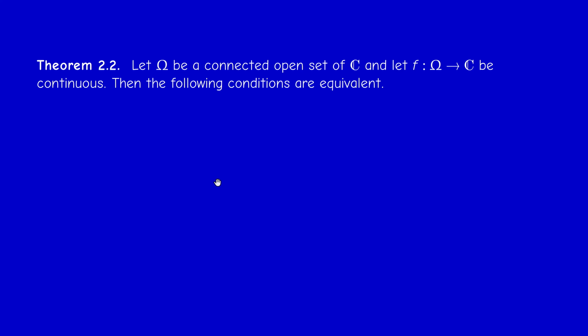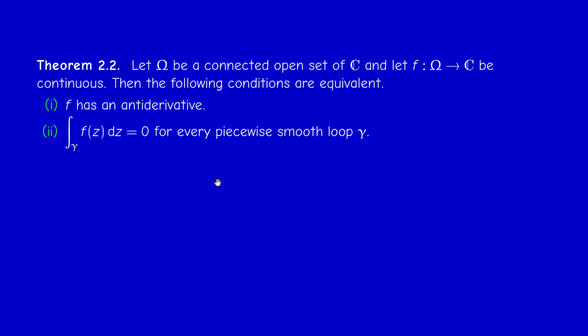Okay, so there is equivalence between three conditions. F has an antiderivative, which is a condition. Not all continuous functions, or even holomorphic functions, possess an antiderivative. This condition is equivalent to another one, which states that the integral over any piecewise smooth loop of f is 0, right? And the third condition is that the integral of f along any polygonal loop is 0.